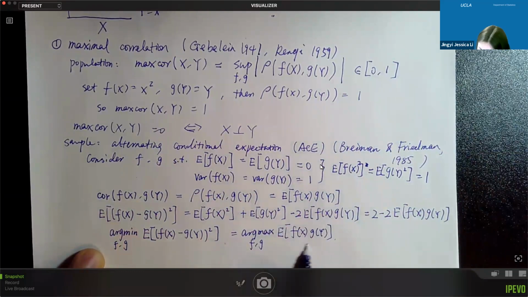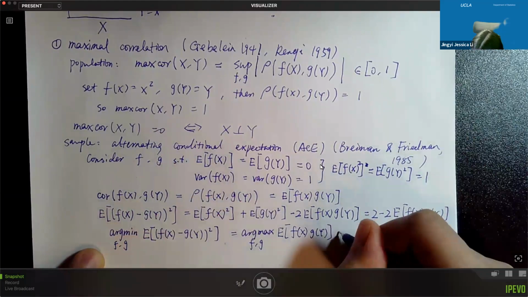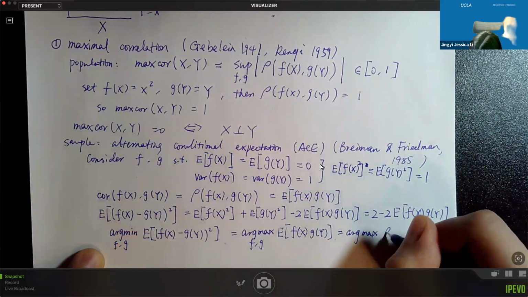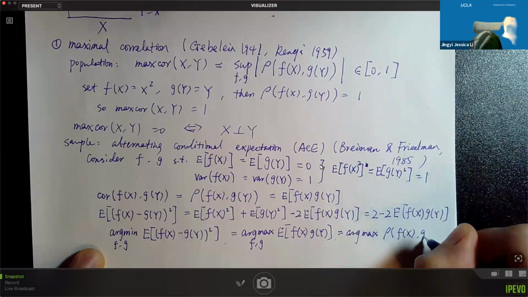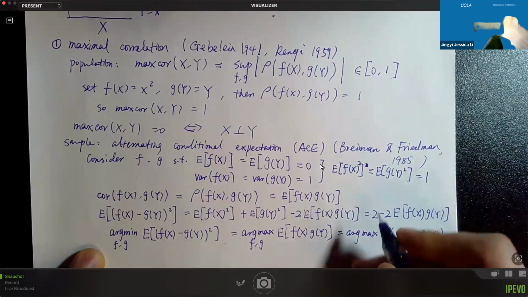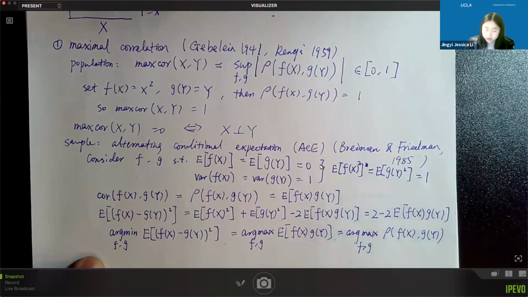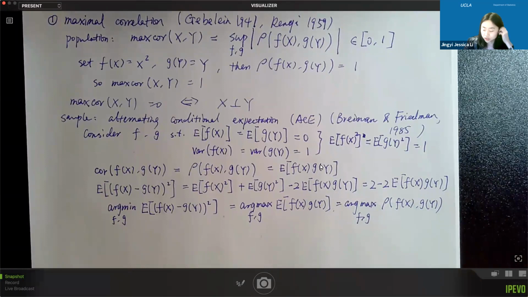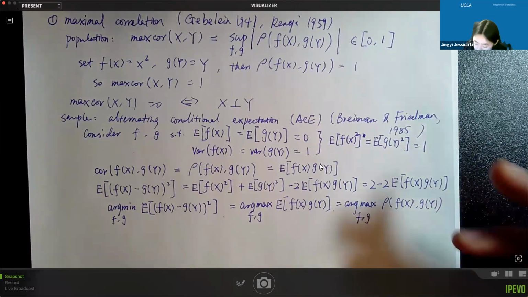And this is exactly the thing we want to maximize, right? The argmax of rho of f(x) and g(y). So therefore, this allows us to transform the question of finding f and g to maximize the Pearson correlation.